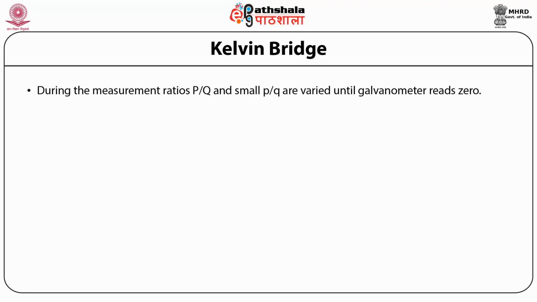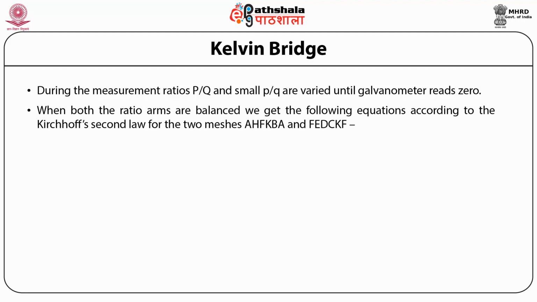During the measurement, ratios P by Q and small p by small q are varied until the galvanometer reads 0. When both the ratio arms are balanced, we get the following equations according to Kirchhoff's second law for the two meshes A, H, F, K, B, A and F, E, D, C, K, F. Equation 12 is I1 into P minus I2 into small p minus I1 into x equals 0.